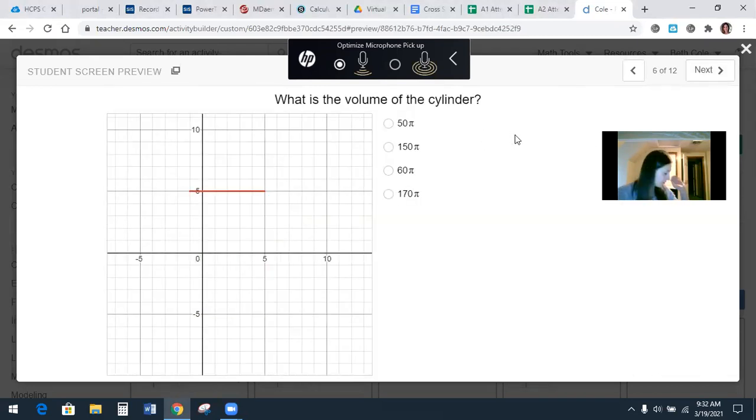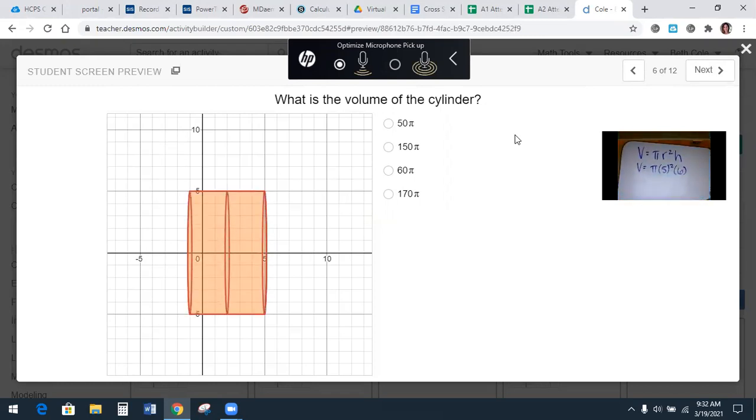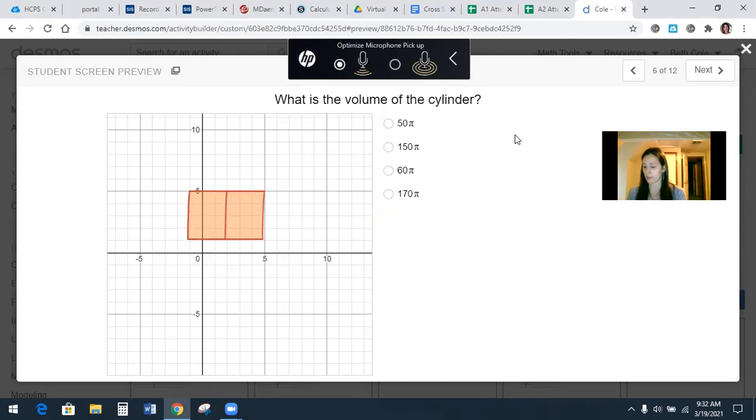Then it's asking for the volume. So I'm going to do this on a little whiteboard here. Your volume for a cylinder, and if you didn't know this, you could have Googled it or looked it up, is pi r squared h. So this is our formula for the volume of the cylinder. We said that our radius is 5 and our height is 6, so I'm just plugging in the 5 and the 6. 5 squared is 25, times 6 would be 150.